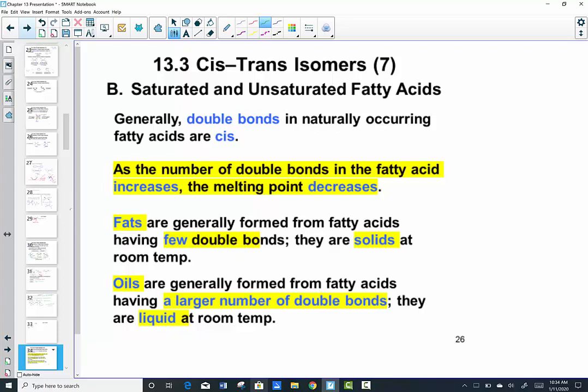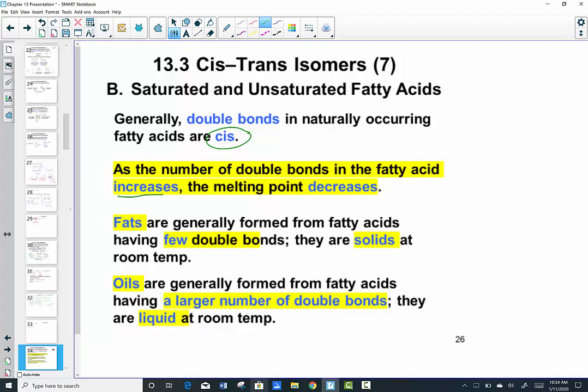We'll also notice that as the number of double bonds in the fatty acid increases, the melting point decreases. The more double bonds, the lower the melting point.